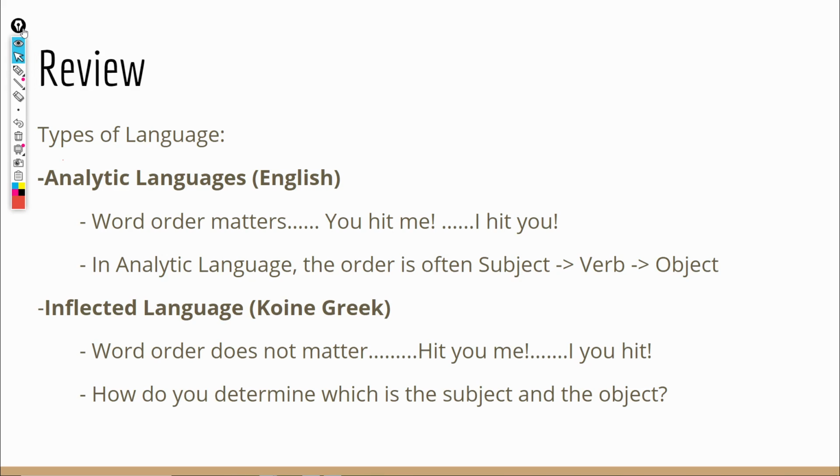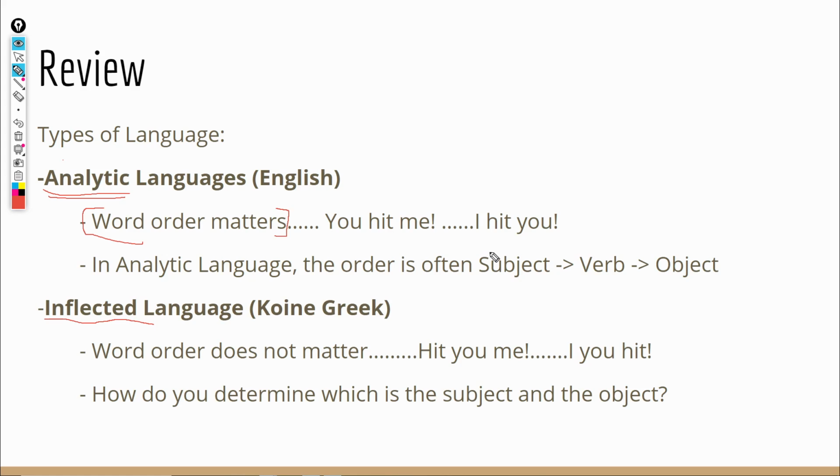So just to review a bit, for those of you that have been here before, we remember that Koine is what we call an inflected language, whereas English is analytic. And again, what I mean by that is in English, word order matters a whole lot. So when we say the phrase, you hit me, or I hit you, the order of those words determines what is happening.